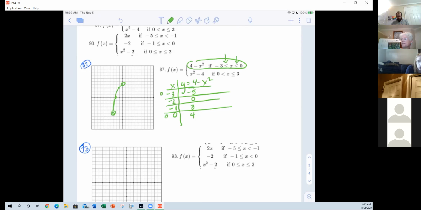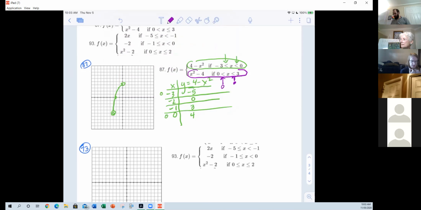Nice, right? Okay, now let's do the other guy. The other one is x squared minus 4 when x is between 0 and 3. Again, this one is going to be a closed dot because it's got the equal sign. This one will still be an open dot, right?